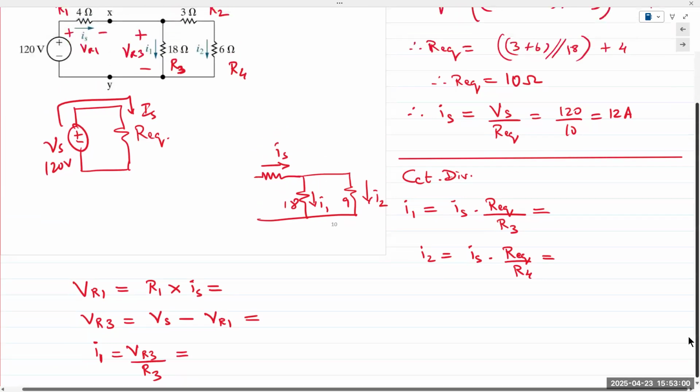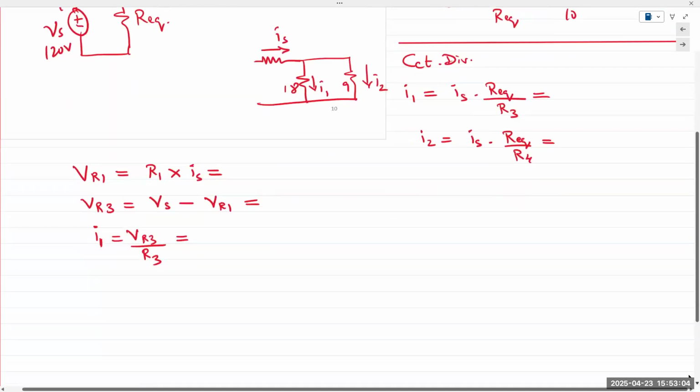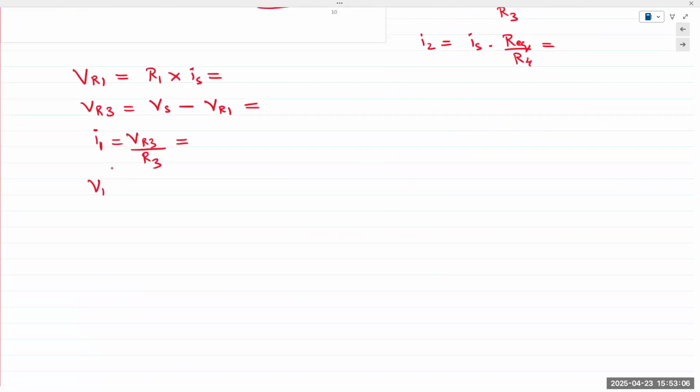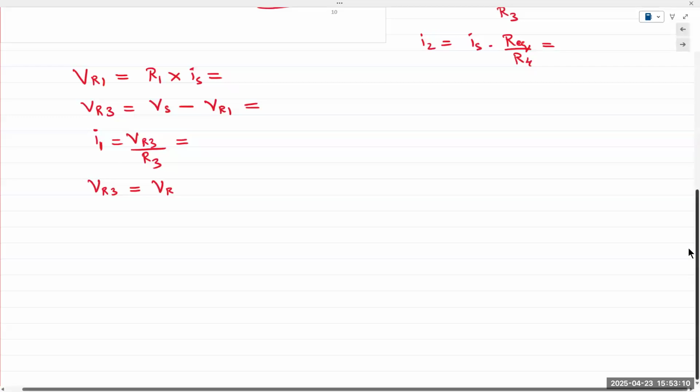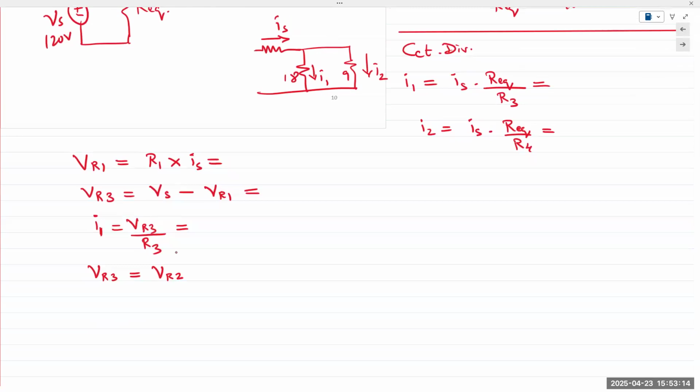And then, of course, VR3 is the same as VR2 plus VR4, from KVL.